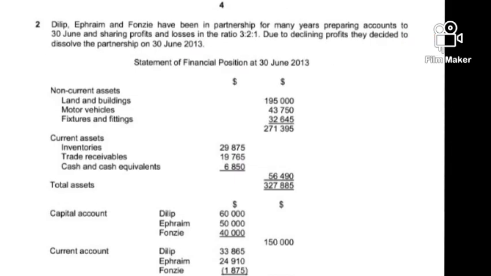Then we move on to motor vehicles, right? The net book value for motor vehicles is 43,750. So I'm also going to write motor vehicles and enter 43,750 just below the land and buildings.